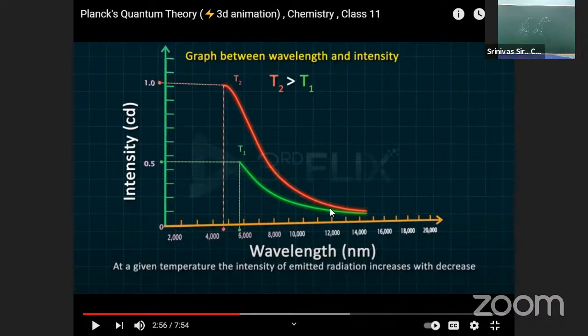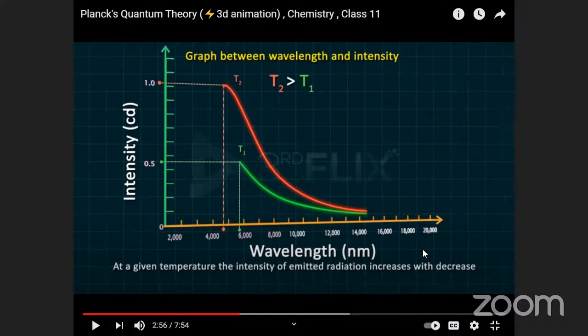See, when you look at the curve, suppose you look at the green curve or even the red curve, any curve. Let's take the green curve. As the wavelength is decreasing, the intensity is increasing, right? Therefore, you can tell that at a given temperature T1, the intensity of the emitted radiation increases with decrease in wavelength, right? You should note down this point.